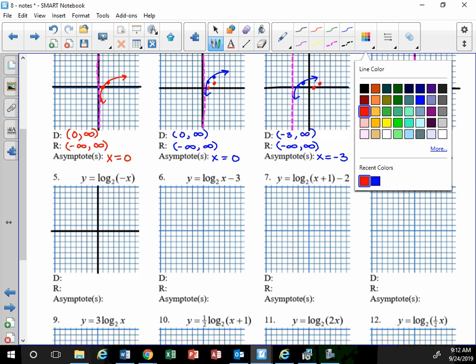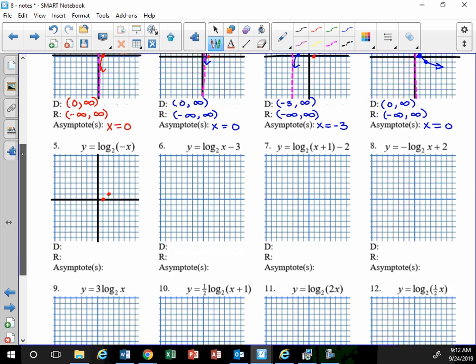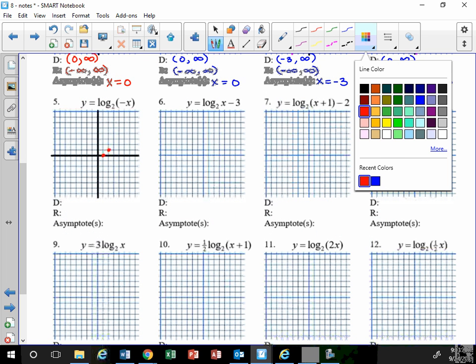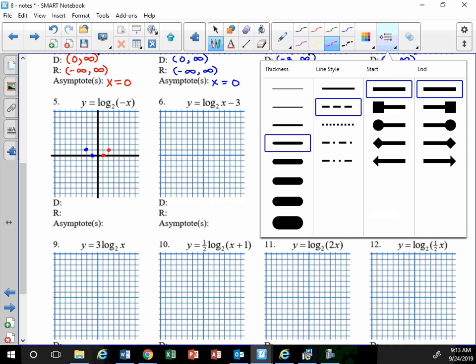So, I start with my 2 points. They're coming across the y-axis, so they're over here. What about the asymptote? Exact same spot, yep.